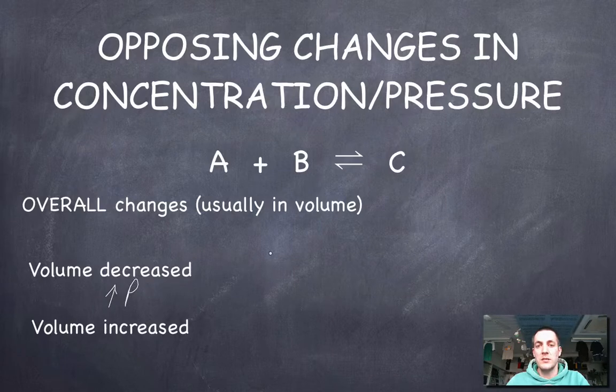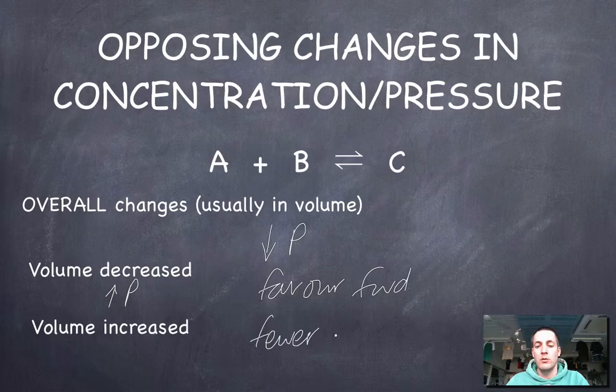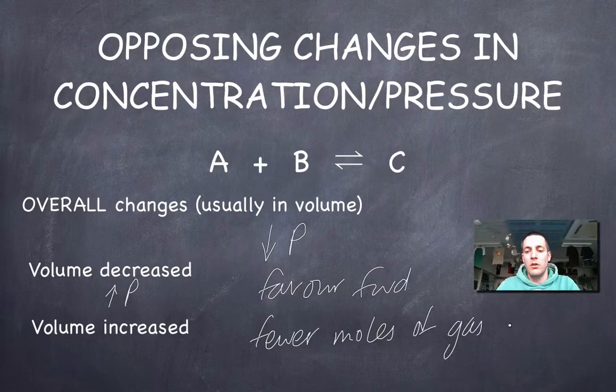So the system is going to try and lower the pressure. How's it going to lower the pressure? It's going to favour the forward reaction. Why? Because there are fewer moles of gas on the right hand side.